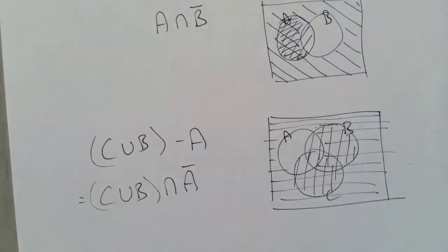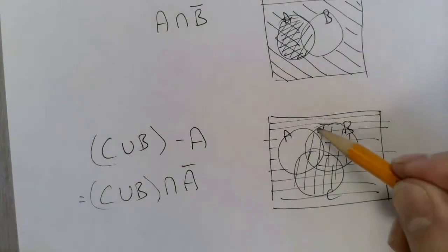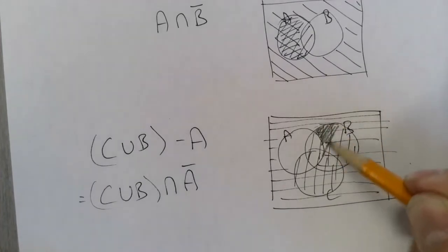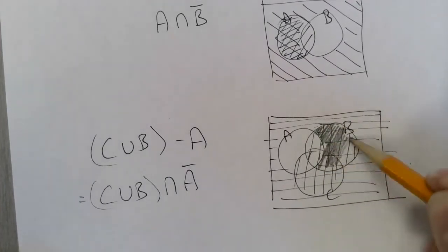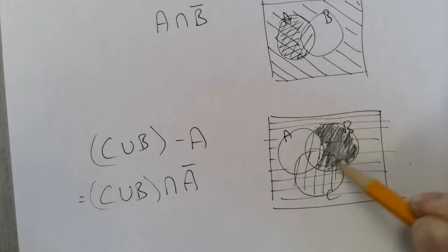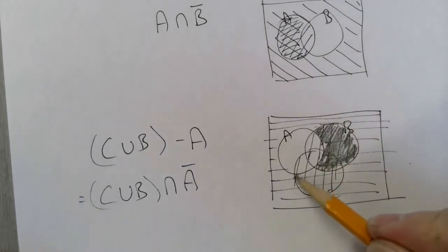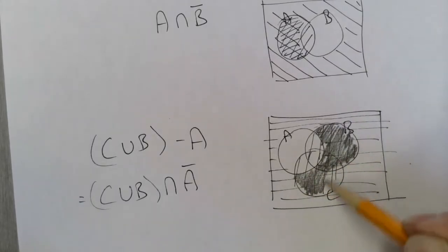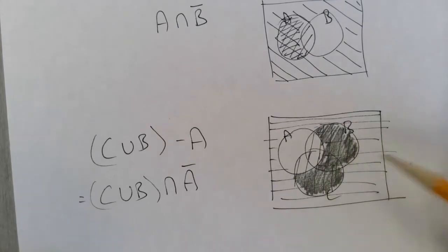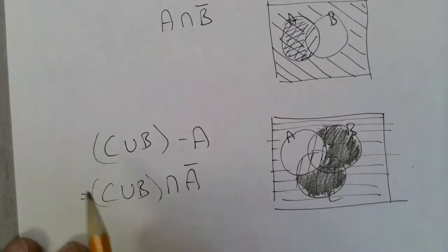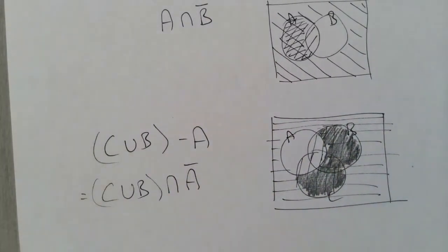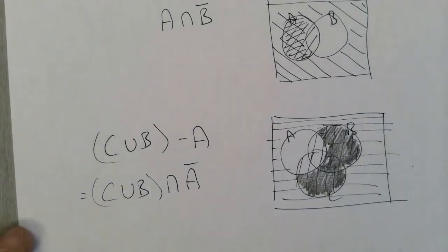So where do those all intersect? Well, they're going to intersect here. So we're going to use the part of B that's not in A together with the part of C that's not in A. And so that's what C union B minus A would look like.